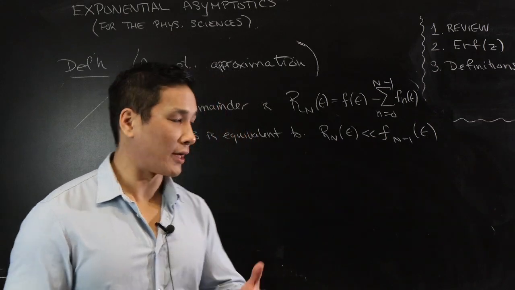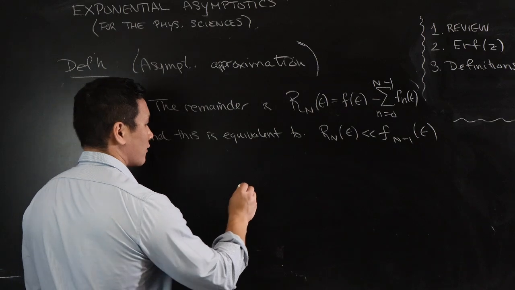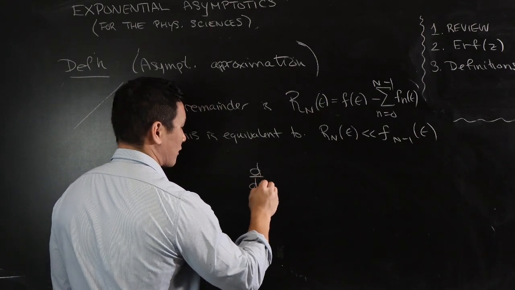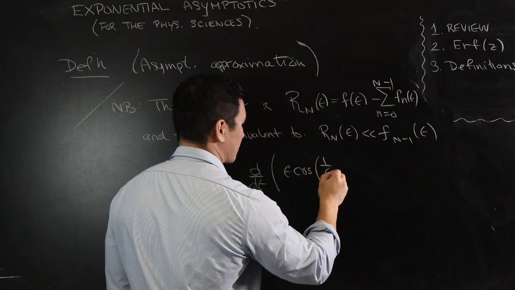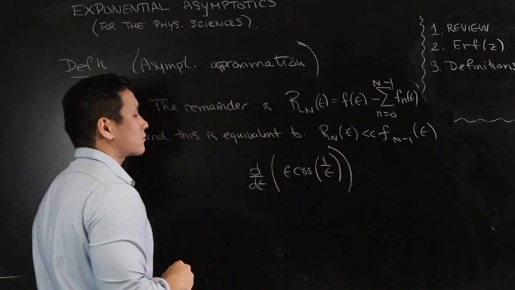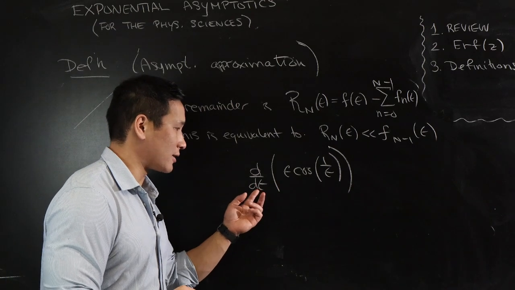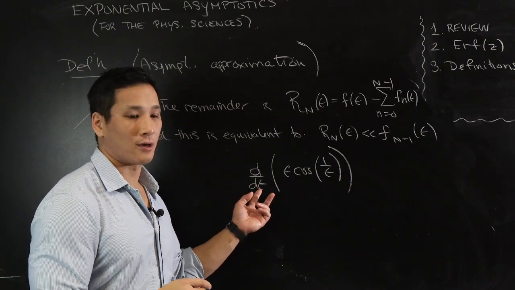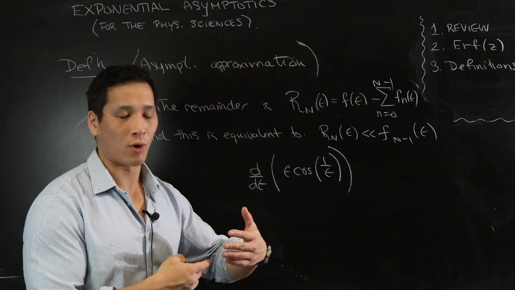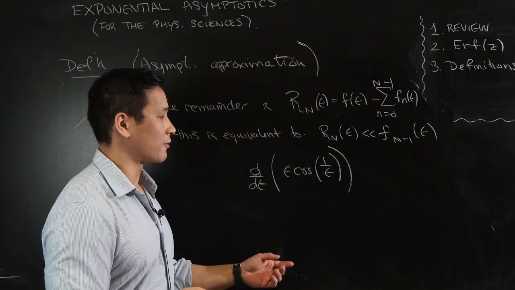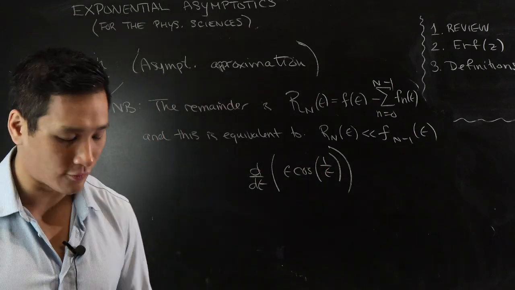A good example of a function that you can't differentiate is epsilon times cosine of 1 over epsilon. When you differentiate it in this way, you may be destroying the well-ordered property of the function. In this case, you end up with powers of 1 over epsilon because of that derivative.